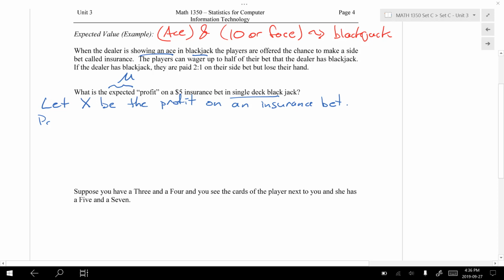Now there are a few possible outcomes. Let's say we've made a bet of $5. So either we will not win and we will lose the $5 if the dealer happens not to have blackjack, or if the dealer happens to have blackjack and our insurance pays out, it will pay out double.